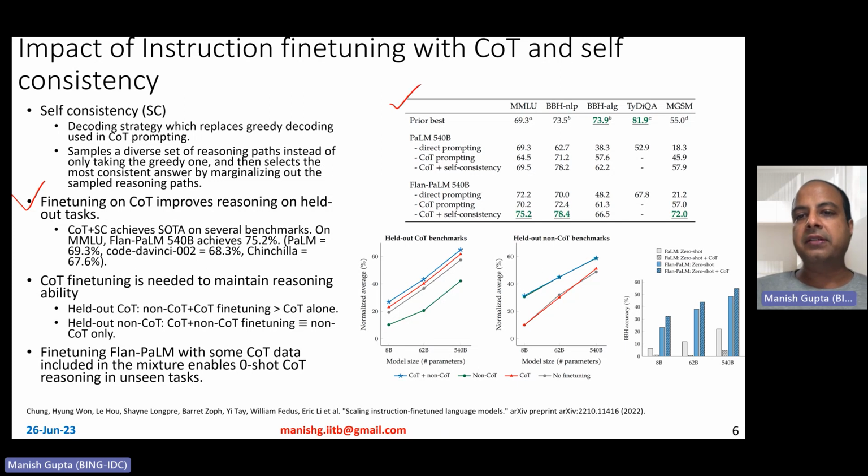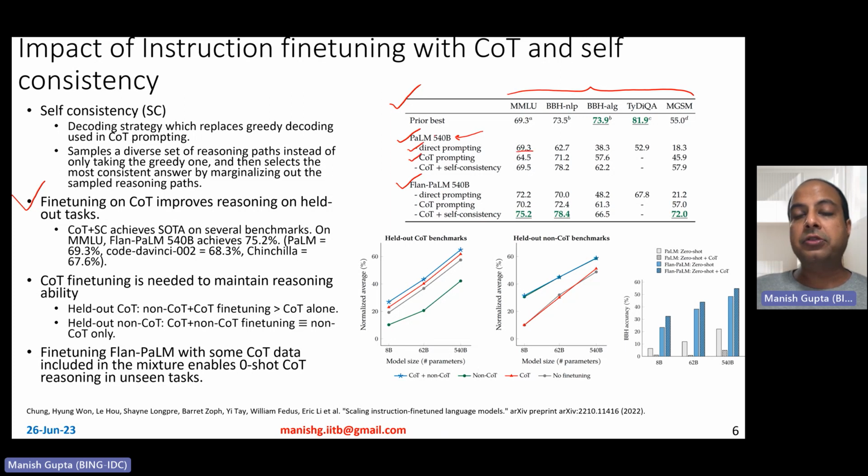Let's look at this figure. The results are shown on 5 different benchmark data sets, for the PaLM 540 billion model and the Flan PaLM 540 billion model. Note that the PaLM 540 billion model is not instruction fine-tuned. At test time, when you do direct prompting, you get some results.